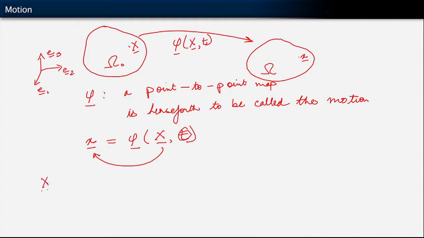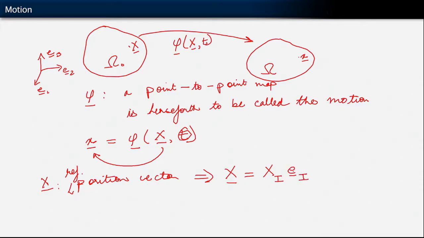So X is a position vector. In particular, it is the reference position vector, right? So what this implies is that X is X sub I E sub I.